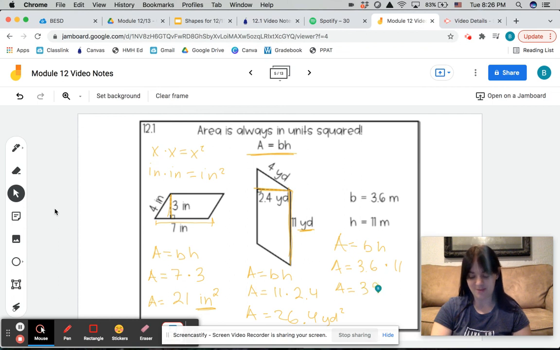And because it's in meters, we're going to put meters squared. So if there are units like inches, yards, or meters, don't forget to put that after your answer, and it has to have a squared after it.